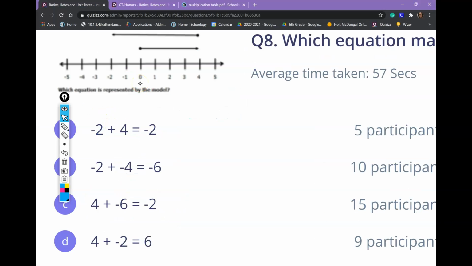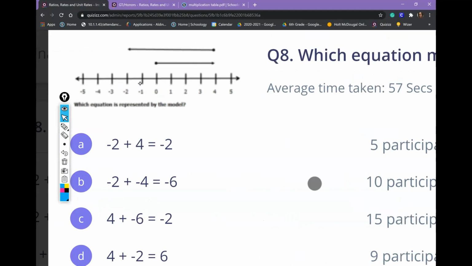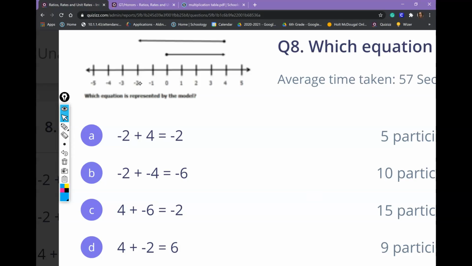With this question, it says which equation matches the diagram. So I'm going to look at my diagram. It's a number line, and I have 2 lines. With these questions, you always start at the line that begins at 0. So it's usually the bottom line. So it starts at 0 and it goes to the right to 4. So it's a +4.